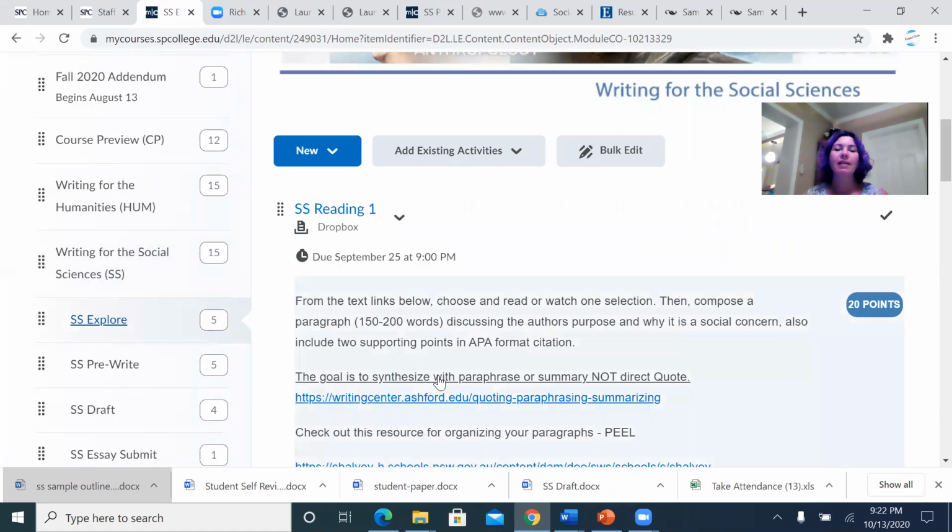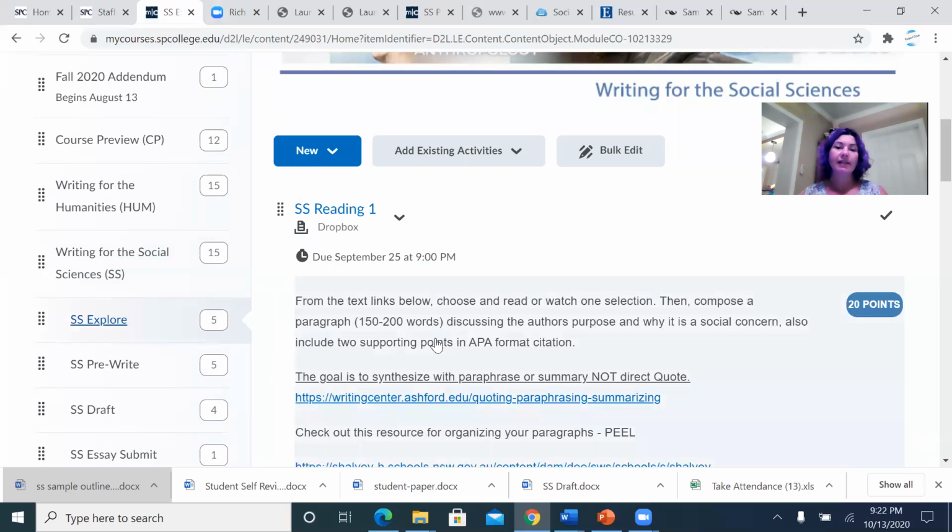The goal is to synthesize with paraphrase or summary. So we started with this practice because that is the same goal for the formal essay. It is to synthesize information from sources through the use of paraphrase and summary, not all direct quote.